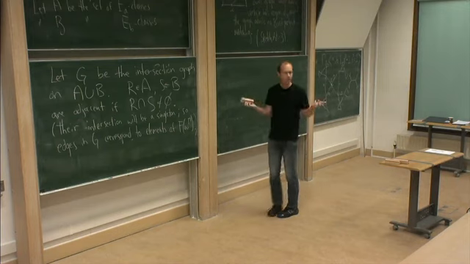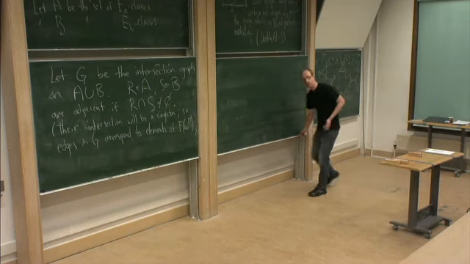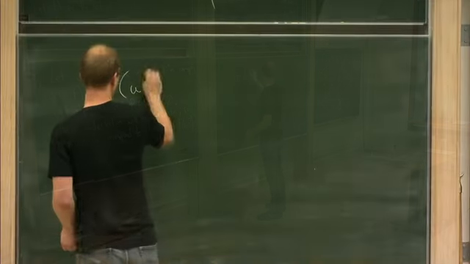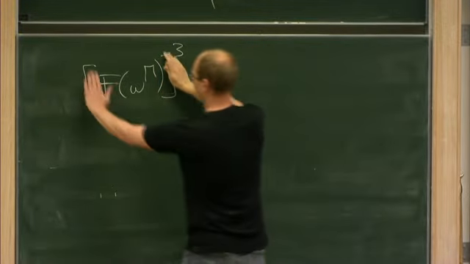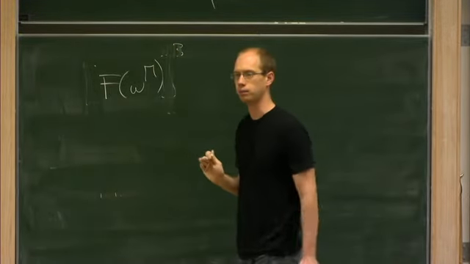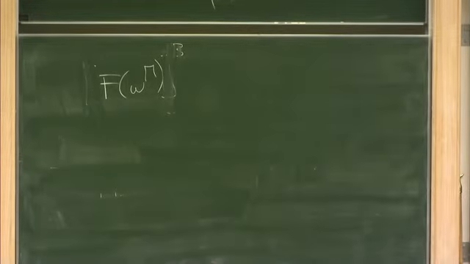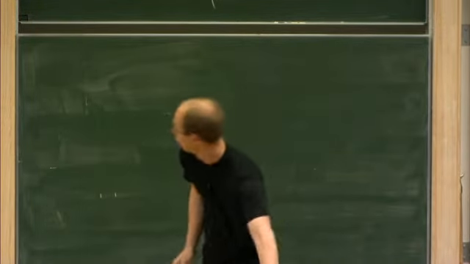Or if you prefer, instead of taking this space, you could take the real product to the 3 and then quotient by an appropriate equivalence relation, which is smooth. Great.